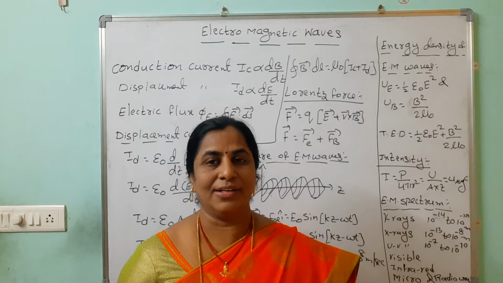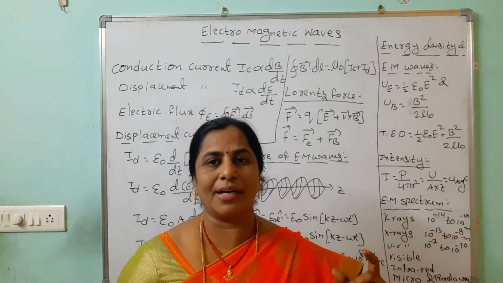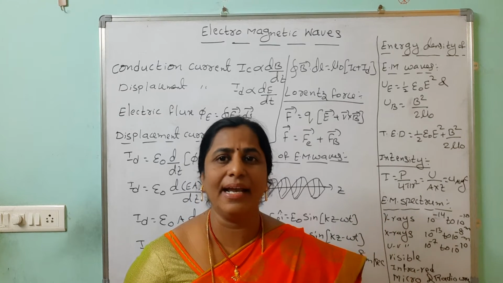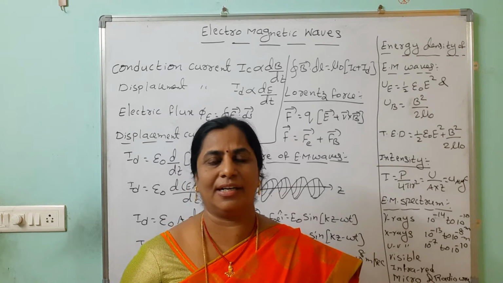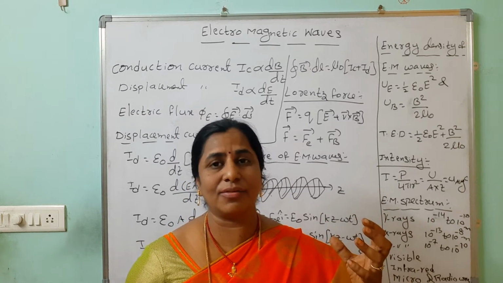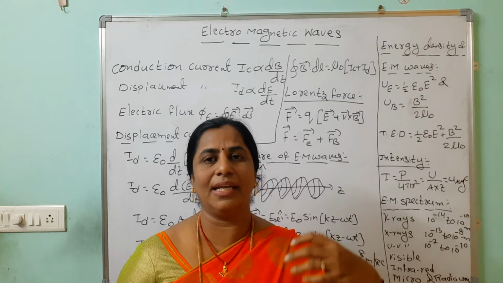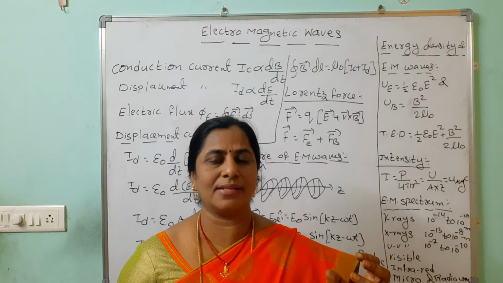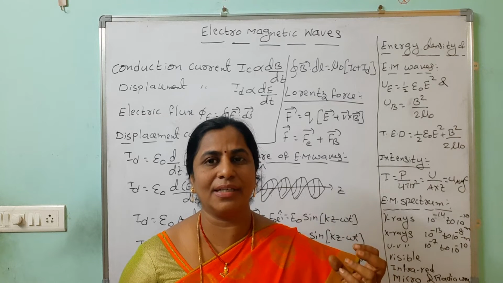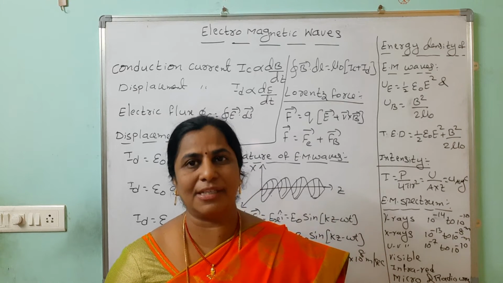Already in Ampere's circuital law, the line integral of B dot dl gives mu naught times the current. But here, in the case of capacitors or condensers, we are observing the displacement current.